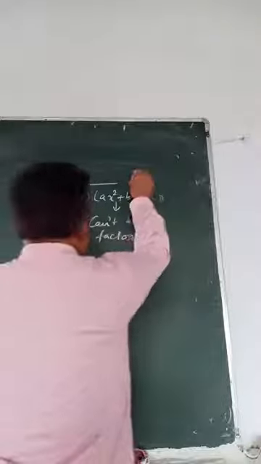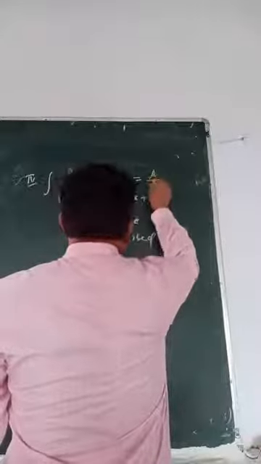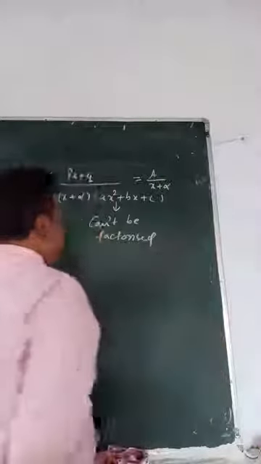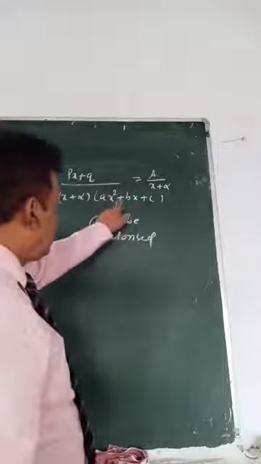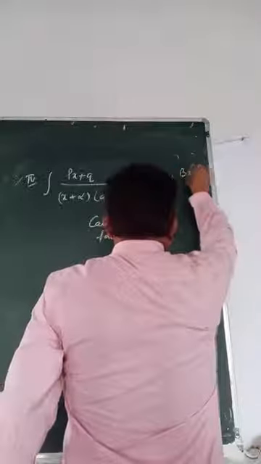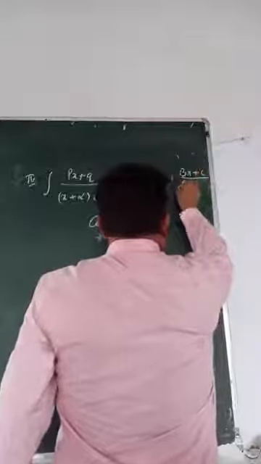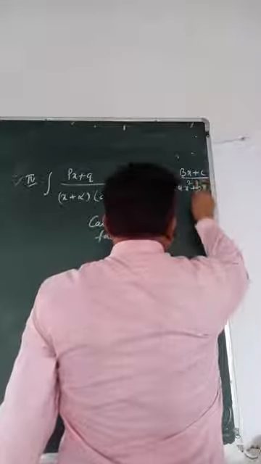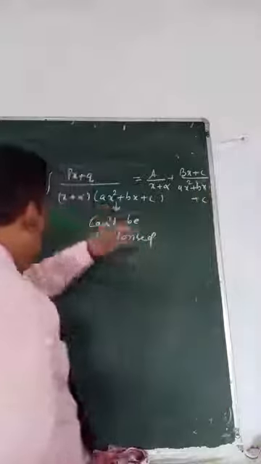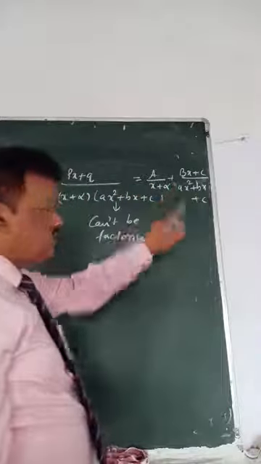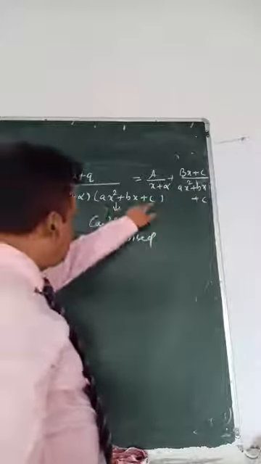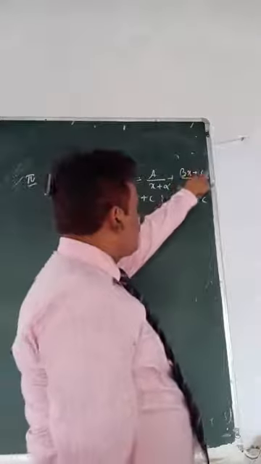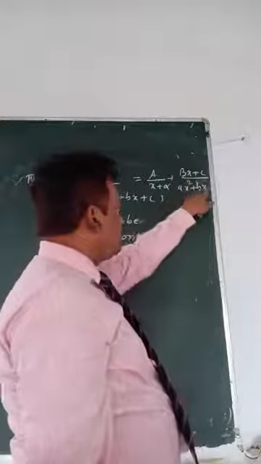Now this one you have to write a by x plus alpha. For this quadratic part, you have to write bx plus c by ax square plus bx plus c. I am repeating again. For the linear term, write a by x plus alpha. For the quadratic part, write bx plus c by ax square plus bx plus c.